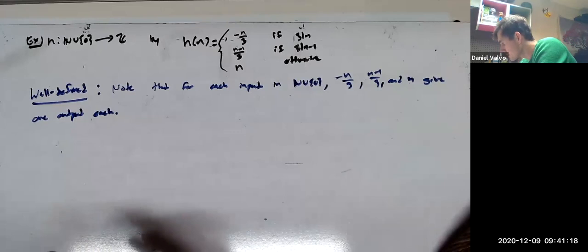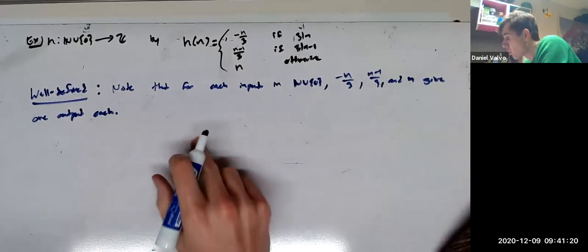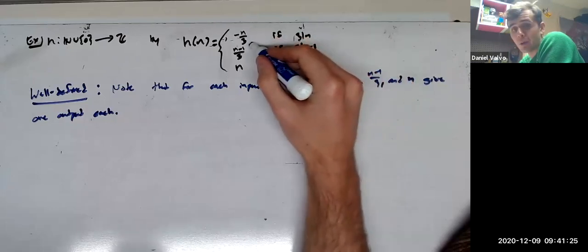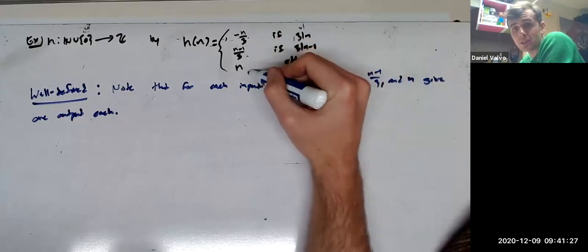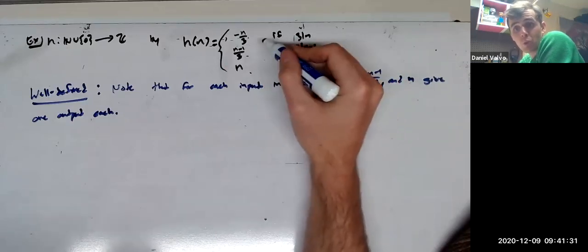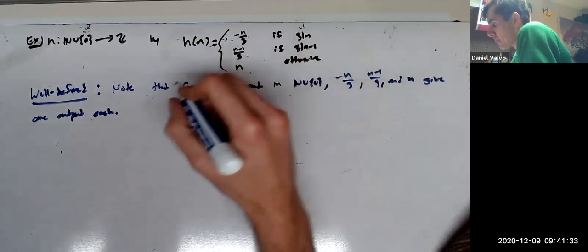That's totally true. Why is that important? That's important because, as long as these don't overlap, that means we're going to have one output. This gives one output, this gives one output, this gives one output. And so as long as these cases do not overlap, our function will consistently just give us one output.